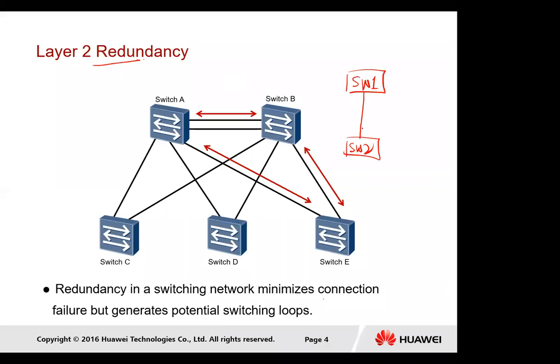When they have only one connection, everything looks fine. But when you make it a redundant connection, what will happen? A loop will happen. Take a very common example, an ARP request. When an ARP request is sent out, a loop can easily happen when you create a redundant connection under your layer 2.